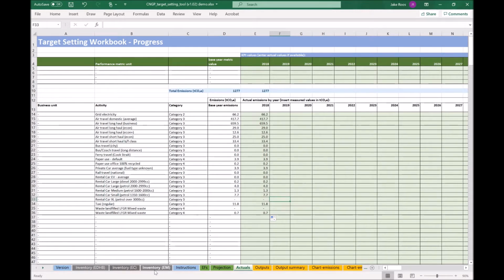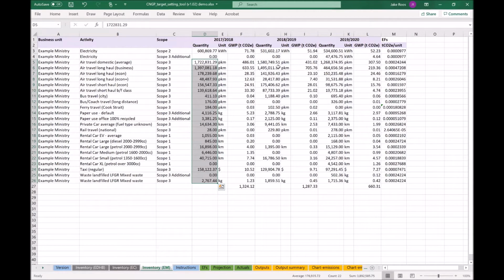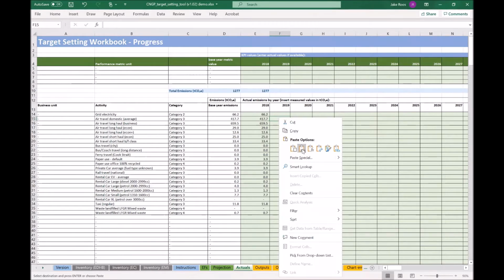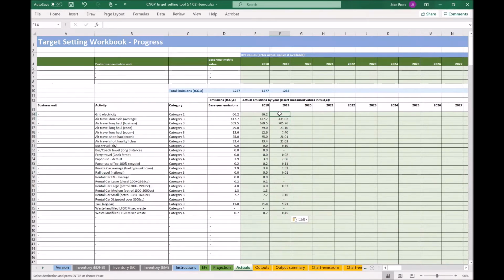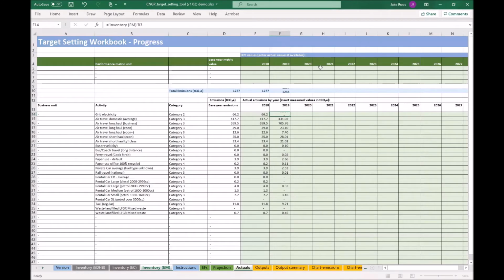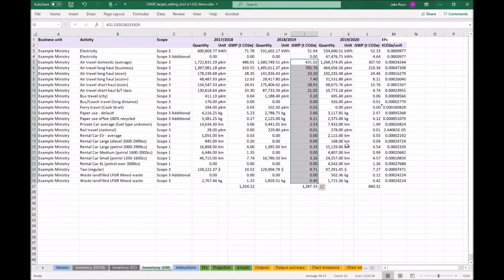Now I'll just do that for those other years, 2019 and 2020, because we happen to have them. So here are the results for 18-19. Let's copy those and put them into here. As usual, I'm doing electricity separately. And let's do 2020 as well. I'll go over here, copy those.